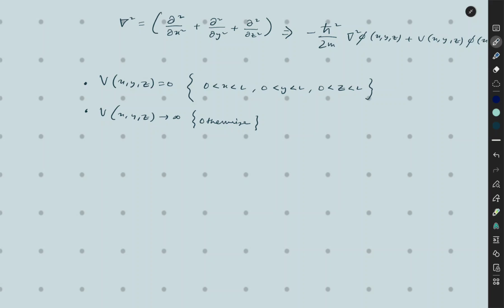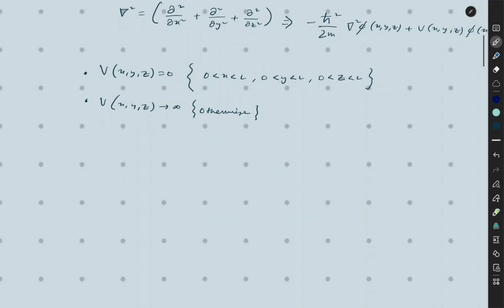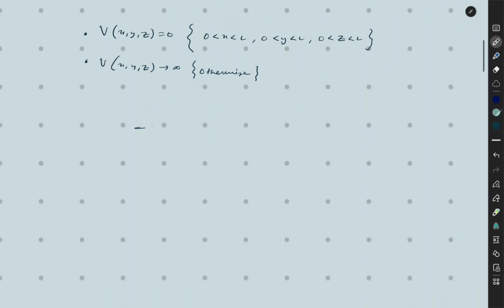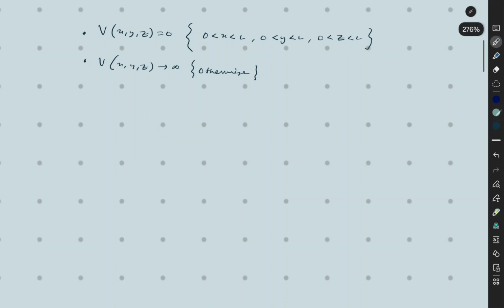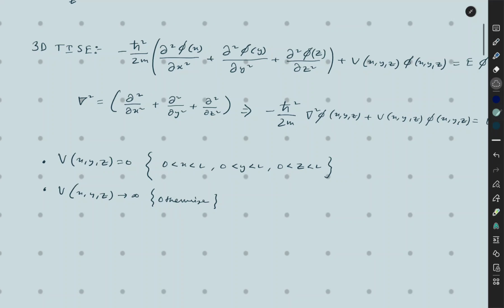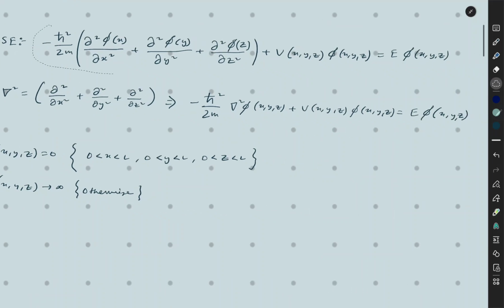And inside the box, the potential V equal to 0. So the time independent Schrödinger's equation simplifies to minus h cut square by 2m del square phi equal to E phi. Let us copy it to save our time.